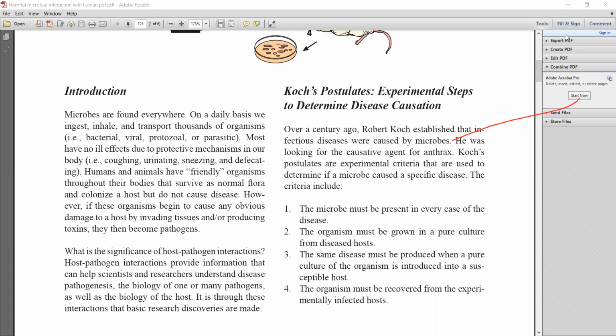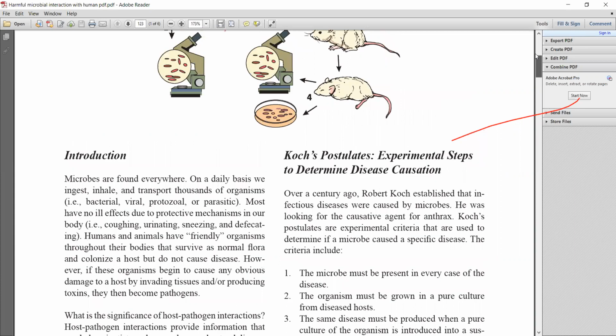Once that was determined, it was released worldwide that yes, COVID-19 is the causative agent of this pandemic that's going on. So this is how you determine the microbes responsible for causing a particular disease based on the Koch postulates.